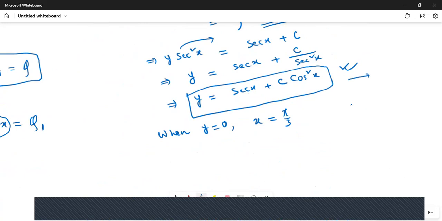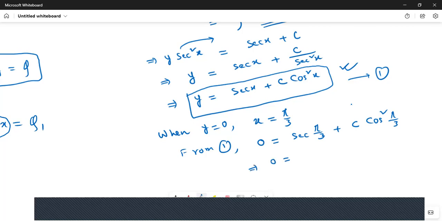Yes. So this, if you give 1, so from 1, y will be 0 and sec x is sec of pi by 3 plus 6 c cos square pi by 3. Now, when you divide sec x by sec square x, isn't it cos of x? You mean this?